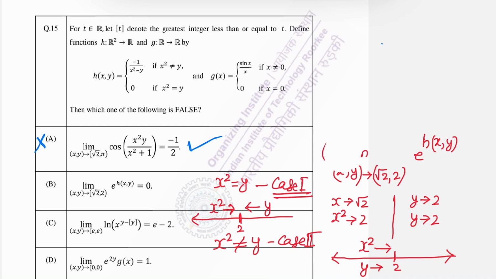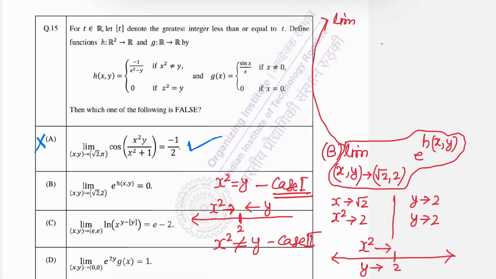Okay, and the next step will be limit x comma y tends to root 2 comma 2, and here is e to the power.